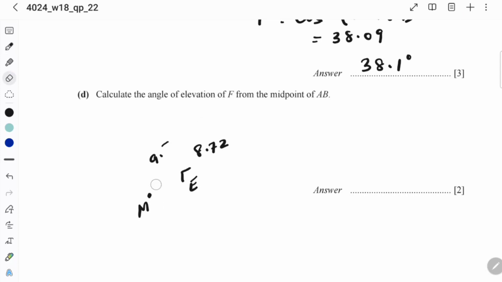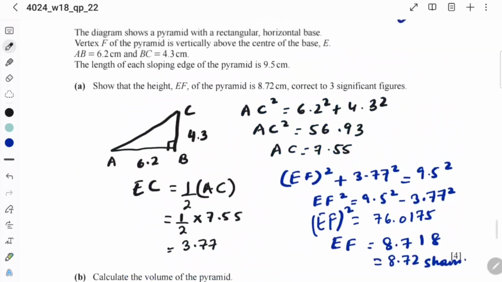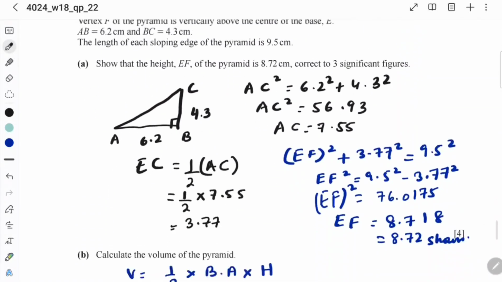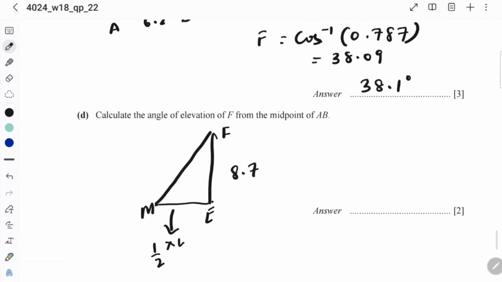E to F we have 8.72, and the center M is half of 4.3, which is 2.15, and we need to calculate this angle, which is the angle of elevation.